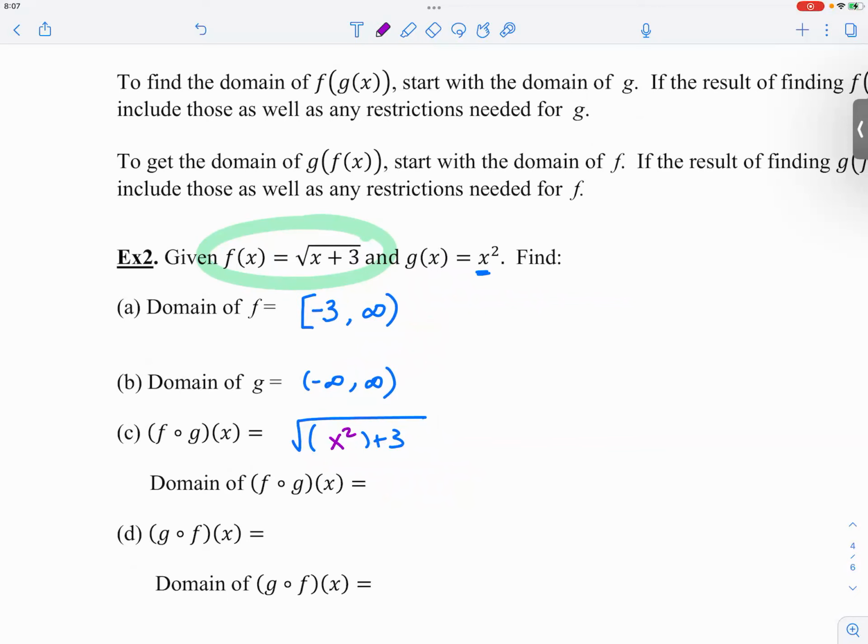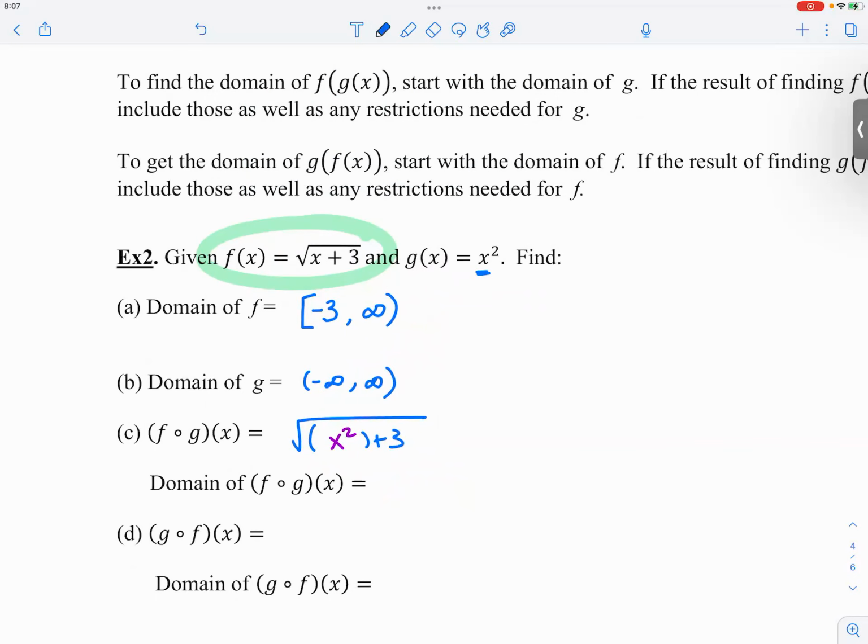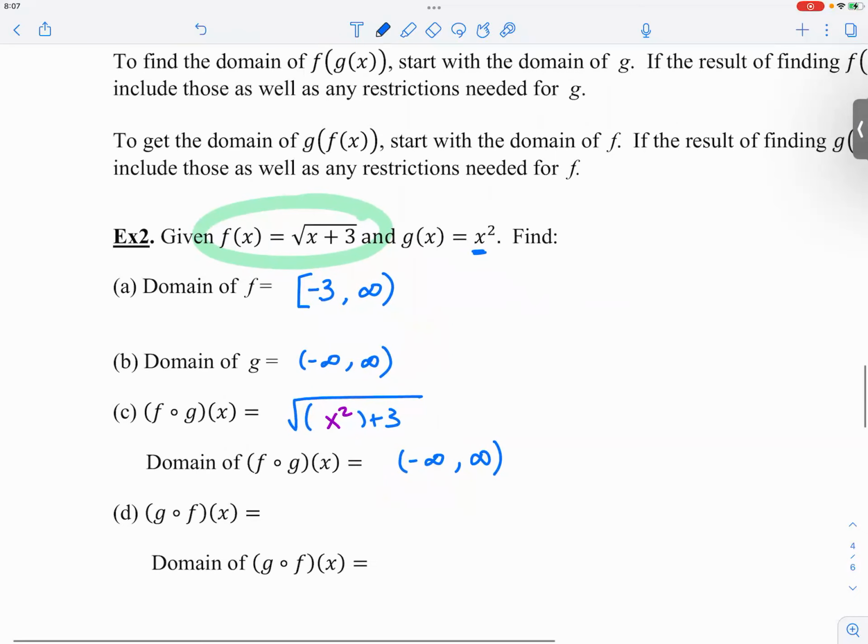Yeah, sure, because -10 squared would be 100. It's a positive number, so that would also be fine. So one thing you can see here is that the domain of the composed new function would tend to stay with the inside one. Okay, is it always like this? I would say could be, but I like to look at it every single case individually.